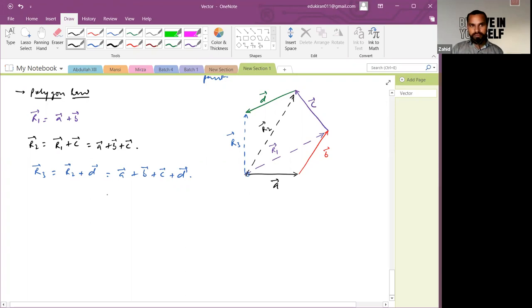So in all that possibility or that case, you have to arrange each vector as consecutive term, then resultant of the whole will define you or will join from the tail of first to the head of final. So arrange all vector as consecutive vector.